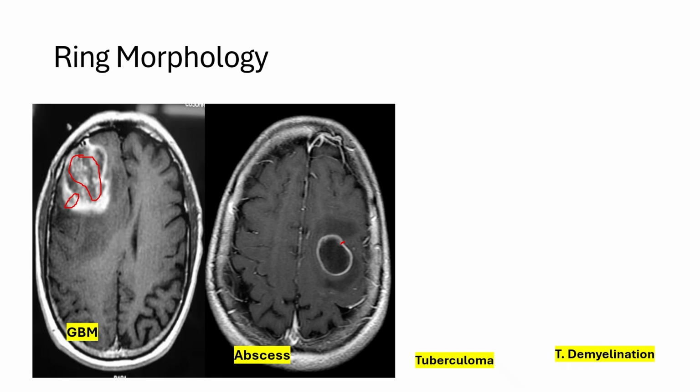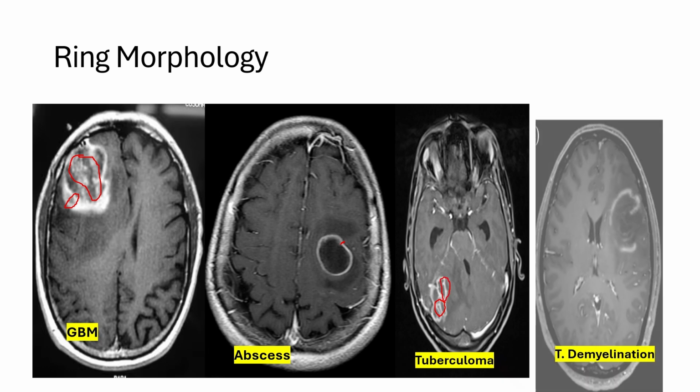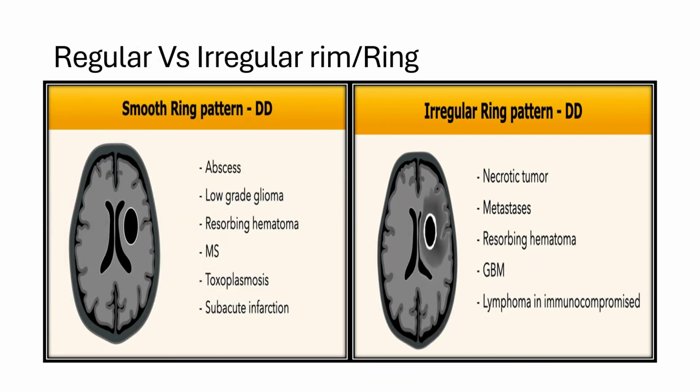If there is a conglomerated ring, multiple rings with a conglomerated appearance, then this is tuberculoma. And if it's an incomplete ring open towards the cortex, then this is tumefactive demyelination.